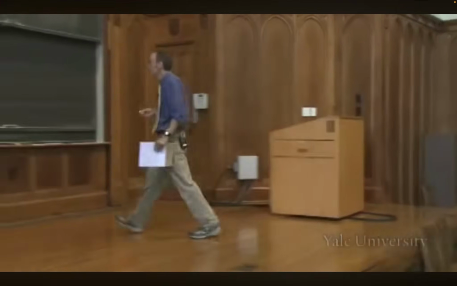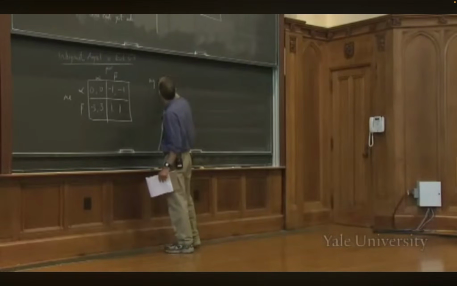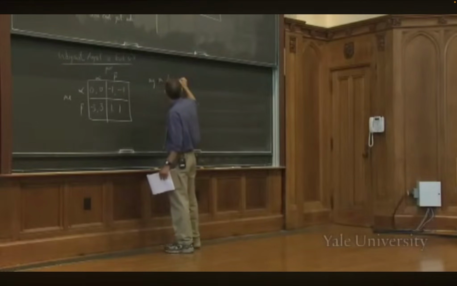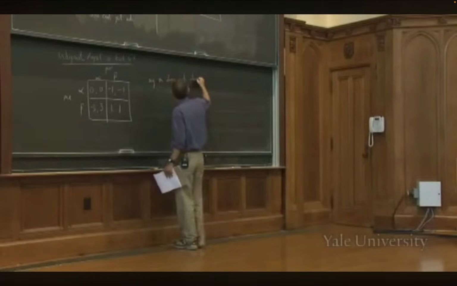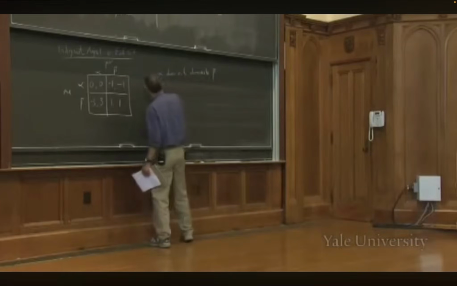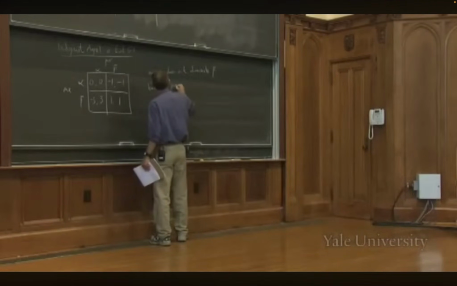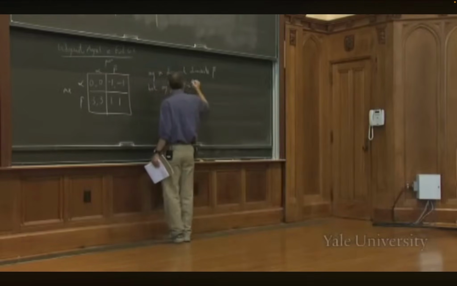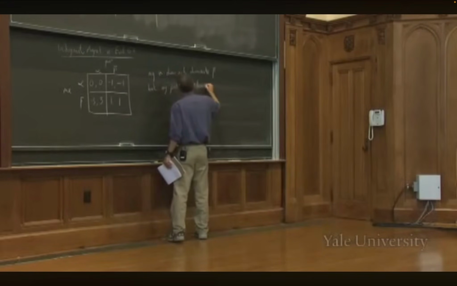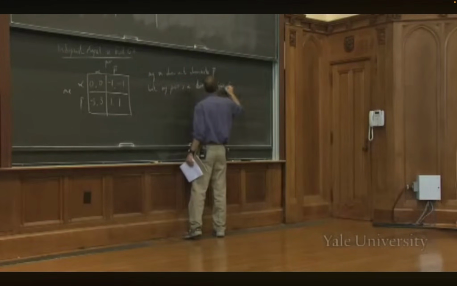So this time, my alpha does not dominate beta, but my pair's choice of alpha dominates her possible choice of beta.